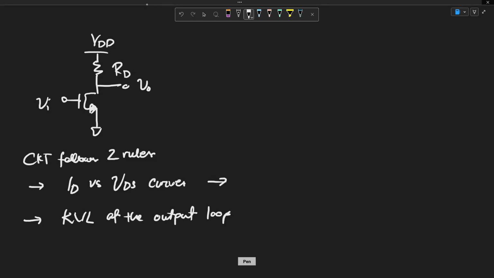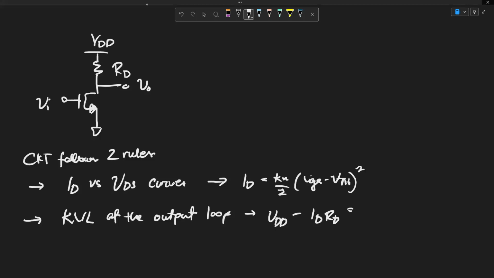We have ID is equal to Kn over 2 (VGS minus VTH) squared. And we also have VDD minus ID RD will be equal to your VDS, no? Of course, let's add 1 plus lambda VDS din dito, no? So these are rules that your MOS has to follow.